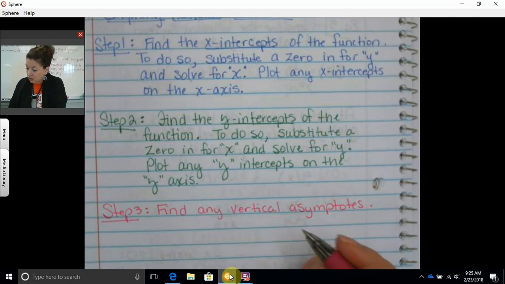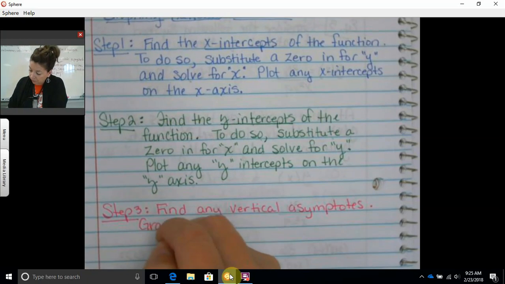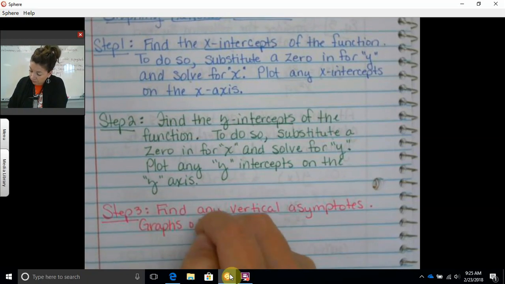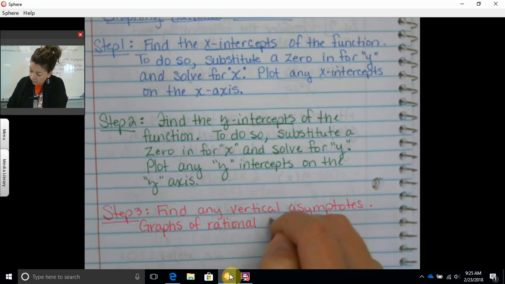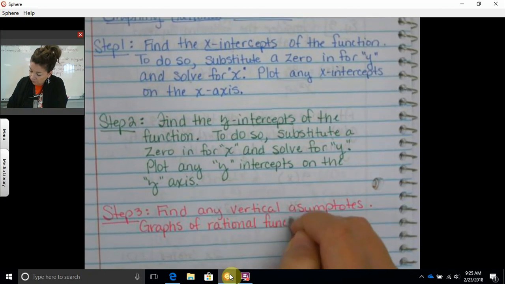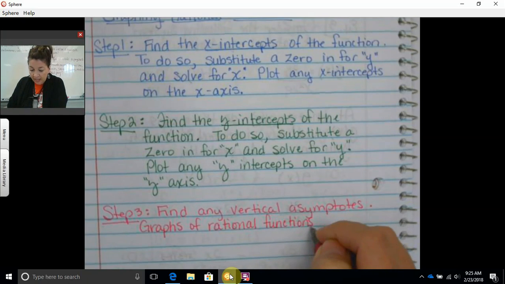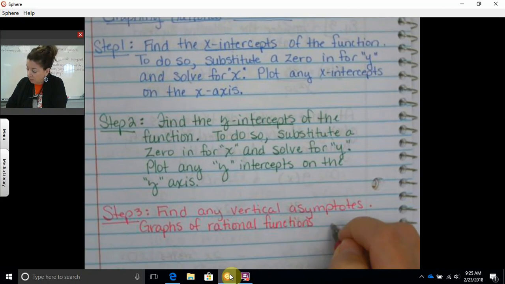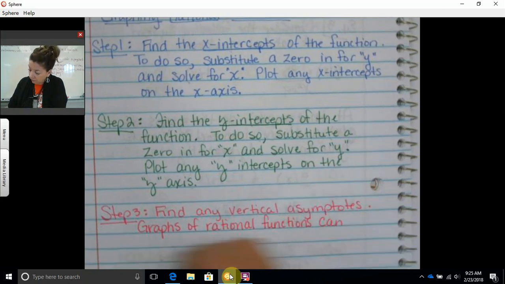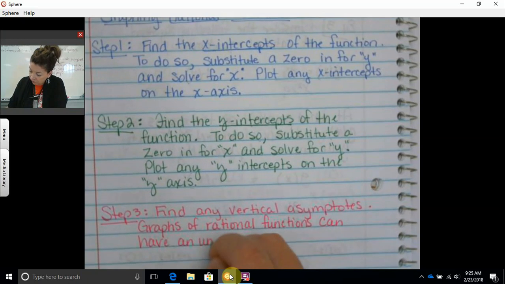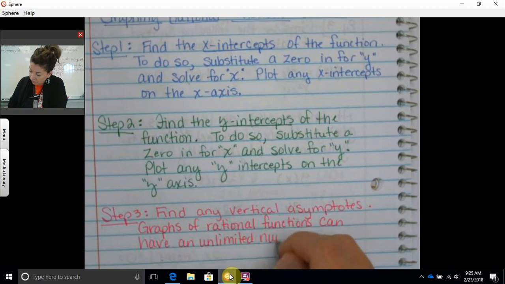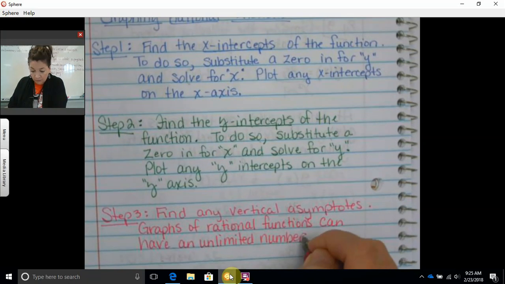Graphs of rational functions can have an unlimited number of vertical asymptotes.